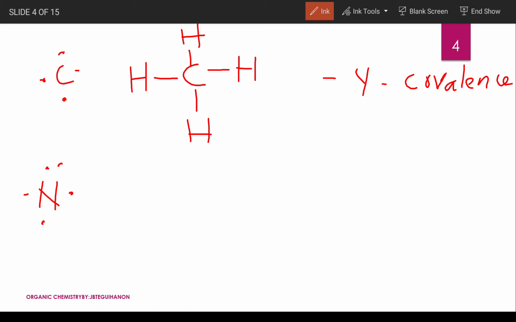So the structure would be like this. Nitrogen, you will have your Lewis symbol here. Then you will have a single bond of hydrogen, single bond of hydrogen, right?